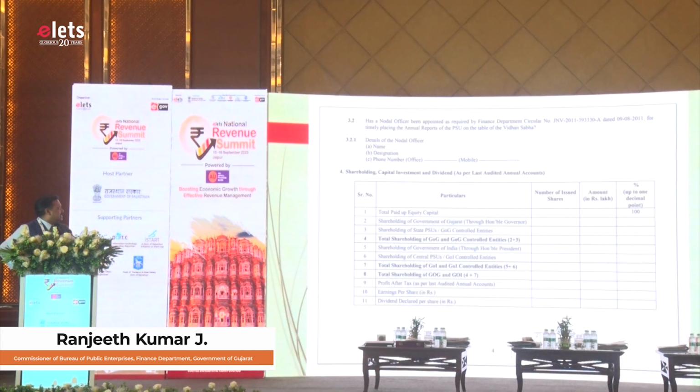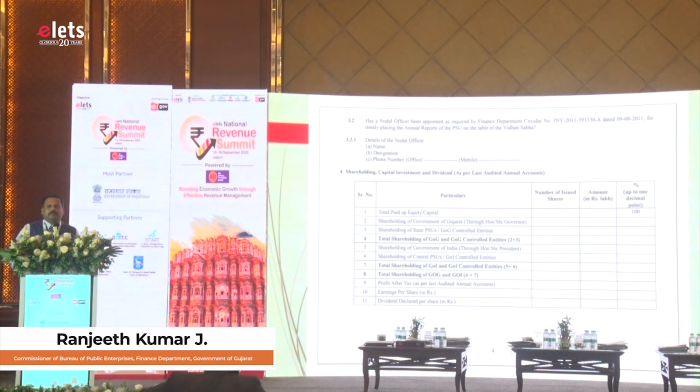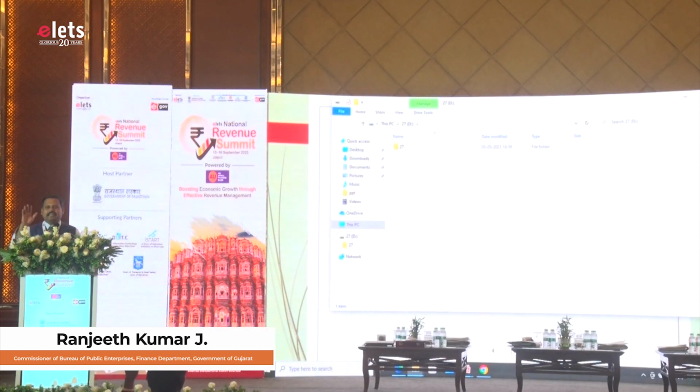Then shareholding, capital investment, and dividends. In case of public sector enterprises, it is generally believed that there is no proper continuous monitoring over the PSUs. That's why inefficiency and incompetence are slowly creeping in.